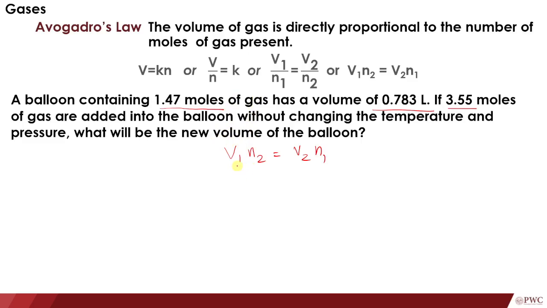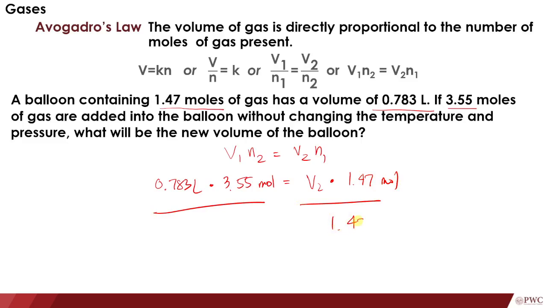Our initial volume here is equal to 0.783 liters, times the final number of moles, that's 3.55 moles, is equal to V2, the new volume we're looking for, times N1. N1 is the initial number of moles, which is 1.47 moles. Again, we're looking for V2, so divide both sides by 1.47 moles.